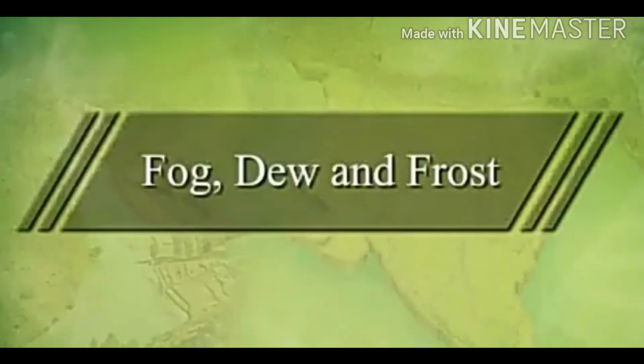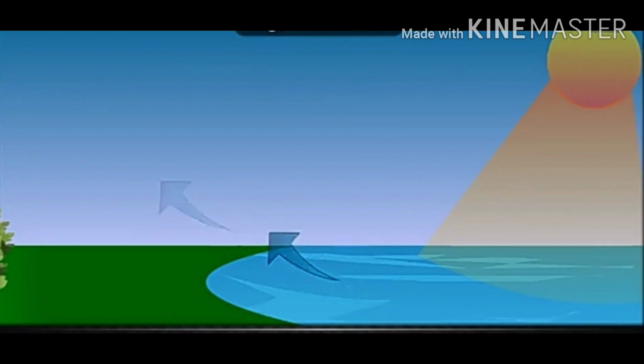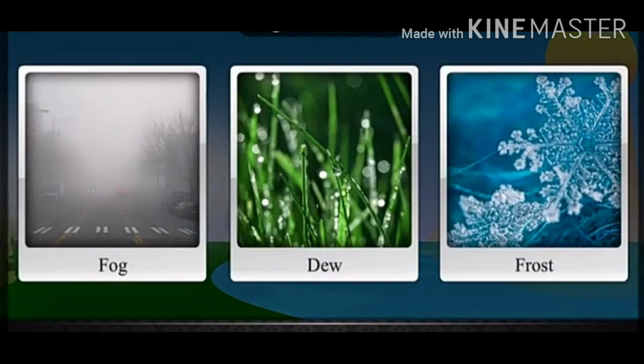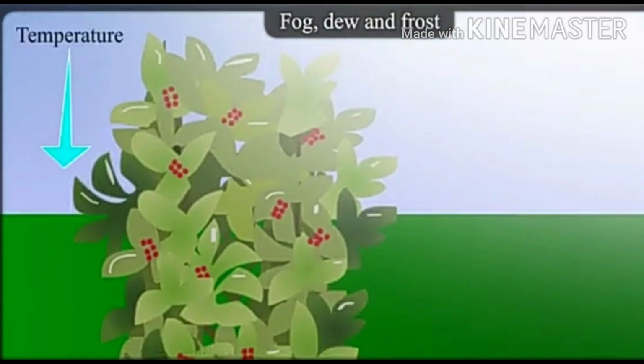Okay? Now let's see fog, dew and frost. Children, if condensation takes place near the surface of the earth because of the low temperature, it takes the form of fog, dew and frost. So children, if temperature reduces near the surface of the earth, water vapor condenses either in liquid or in solid form.